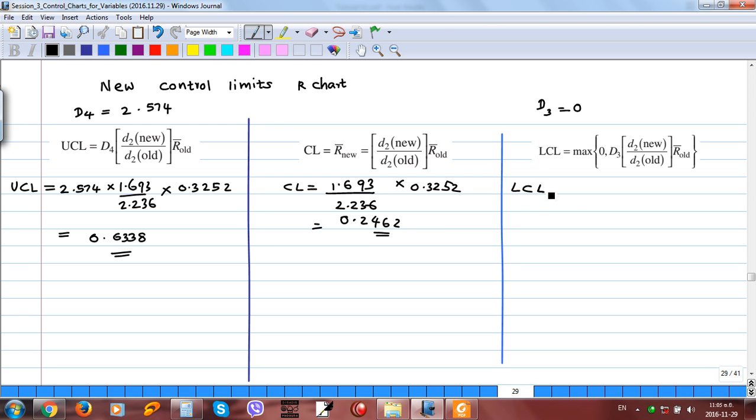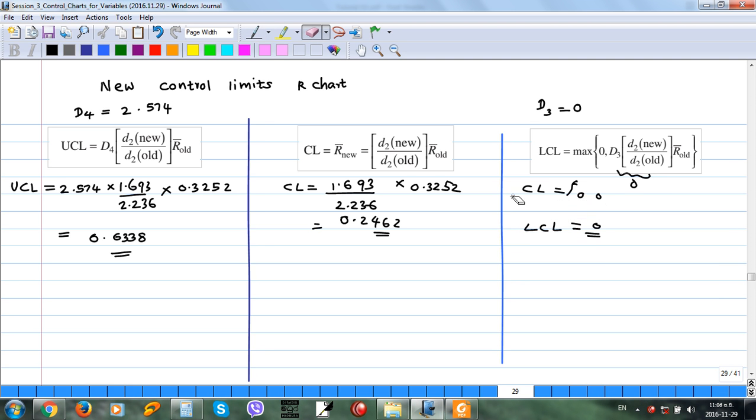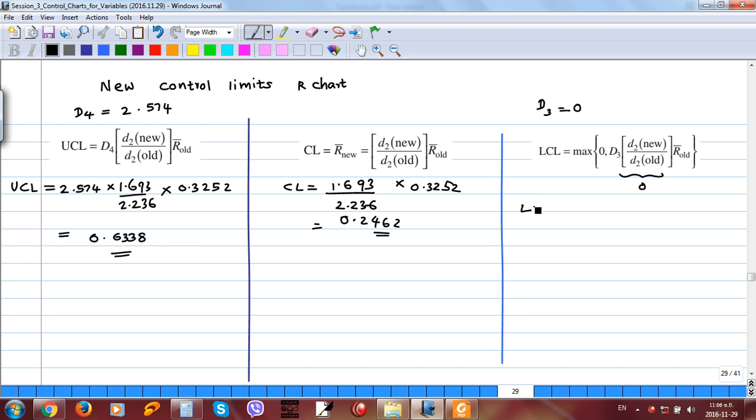Then LCL equals, since D3 is equal to 0, this part is 0, then maximum of 0 and 0 equals 0, right? These are the control limits.